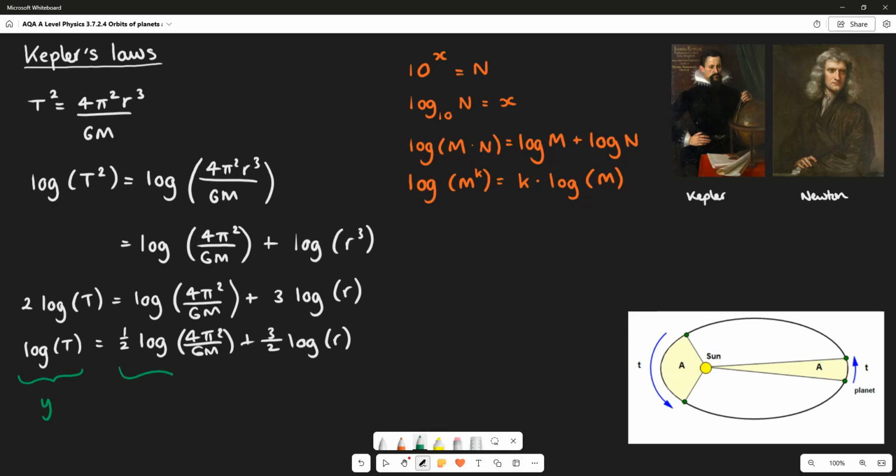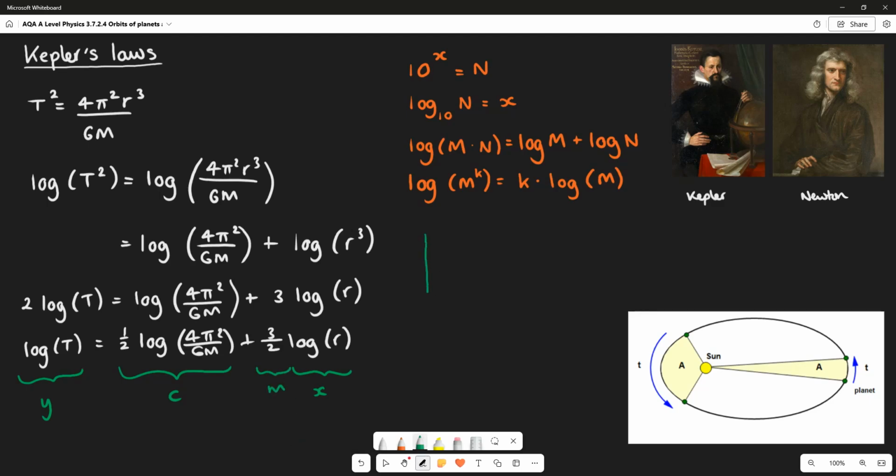Y, these are all constants, so that is the value c. Here we have the x value, and here would be the gradient.